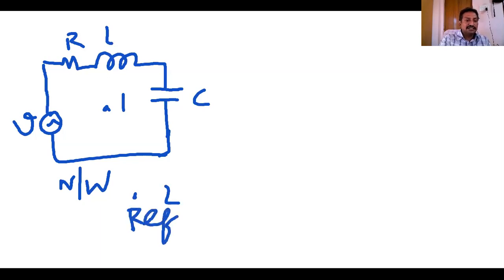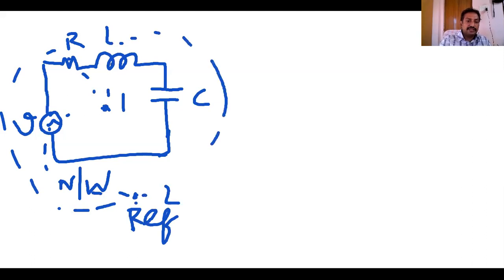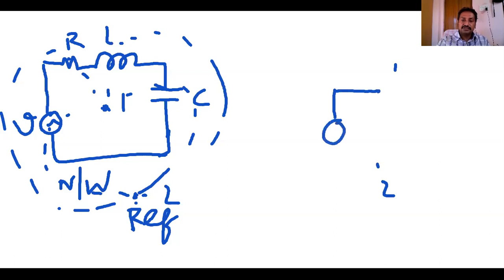Now interconnect these nodes like this. Between node 1 and node 2, the voltage source is replaced with a current source.